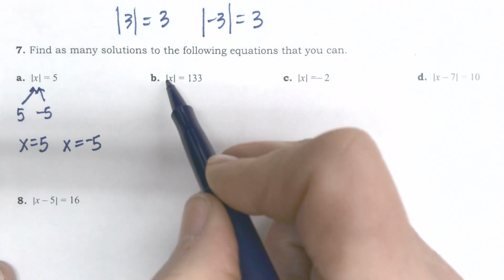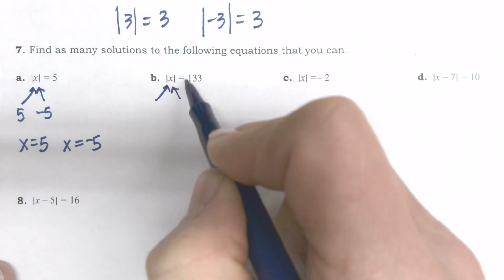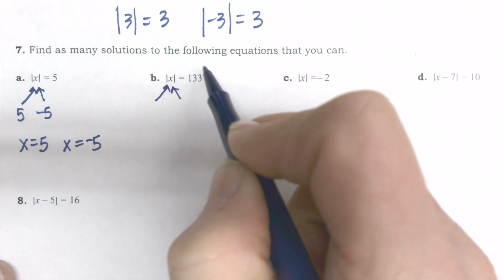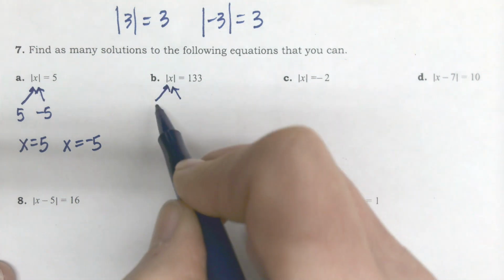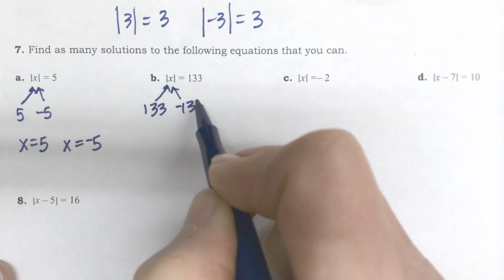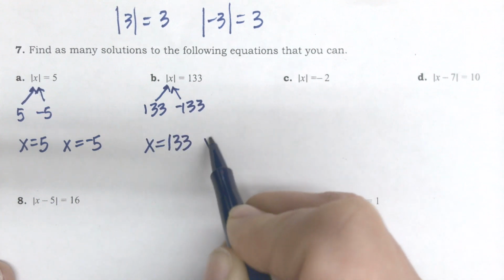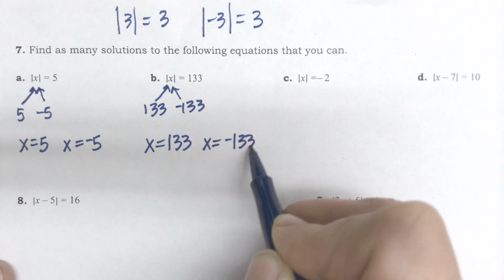Likewise, in the next one, what does x have to be to come out to be +133, or -133? Great, so x equals 133, or x equals -133.